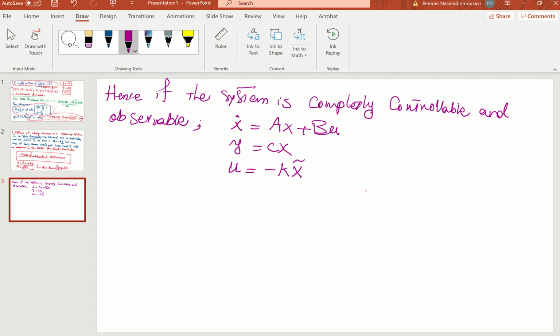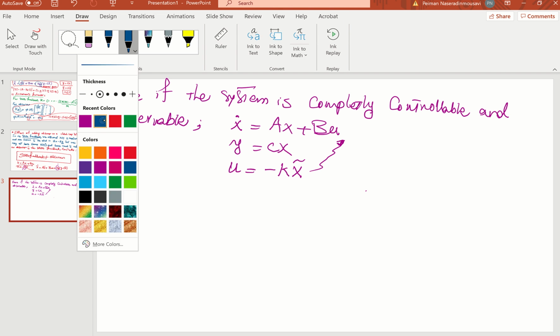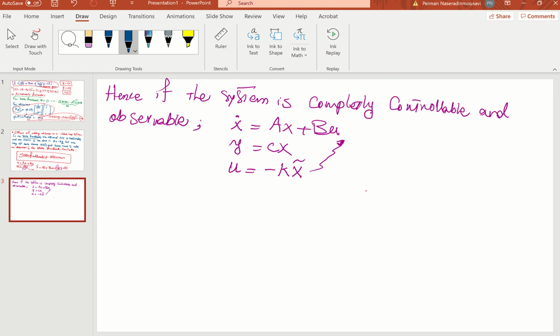Hold on. So if you plug this inside here, I'm going to see what's the combination of the observer and the controller. So this comes x dot is equal to Ax, that's right, minus BK x hat.